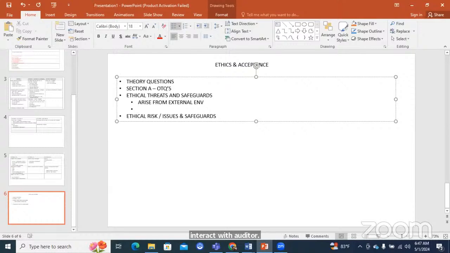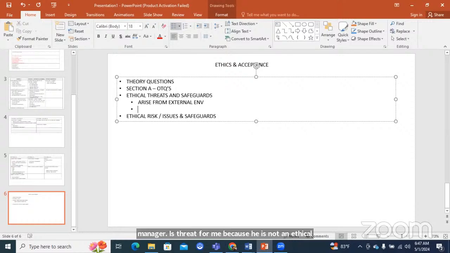Let's say an example, I'm an auditor. I'm an ethical person, but the finance manager from the client place is not ethical. Then whatever activities performed by the finance manager are a threat for me, because he is not an ethical person. He tried to influence me.